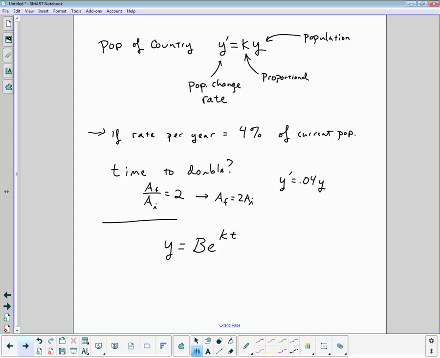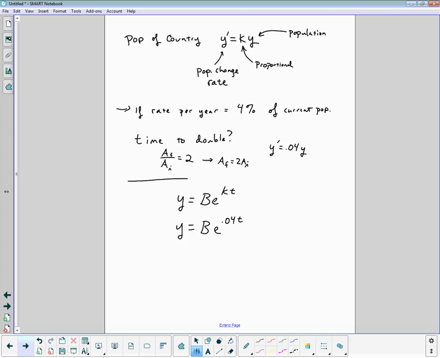And in this case, the species that we care about are humans in this group. So y is equal to b e to the 0.04 t. Now, we do not know what the initial population is. We do not know what the final population is, but we know what their ratio is. So going back, 2 is going to be e to the 0.04 t.